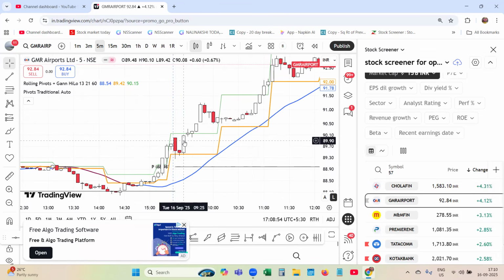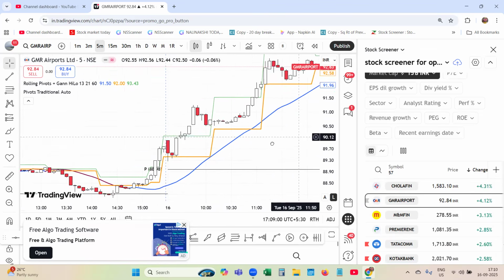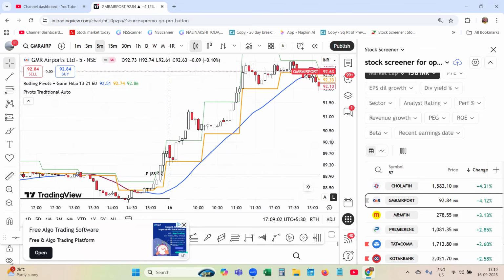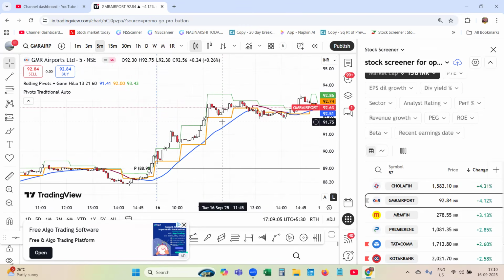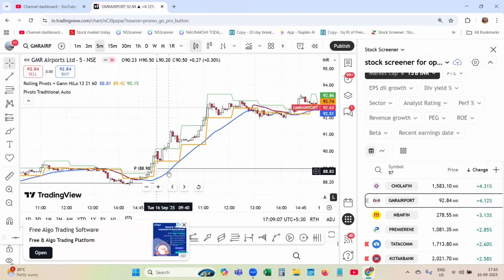You can enter into the stock because you can see the dynamic pivot is climbing. If you apply the standard pivot, you will not get this. Actually, it is a static one. The dynamic one is clinging to the price action and it is telling you, I am your support. So you will not have any hiccups, and the trend is intact.